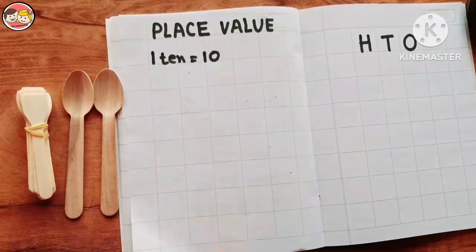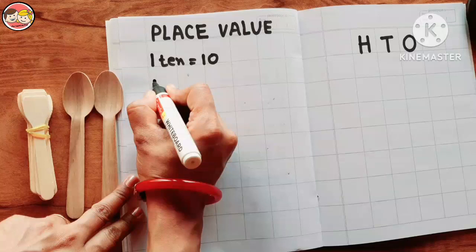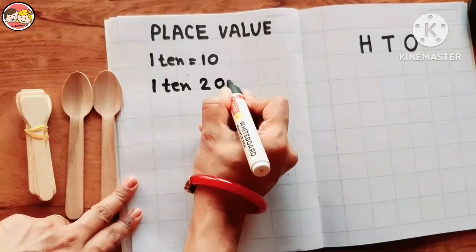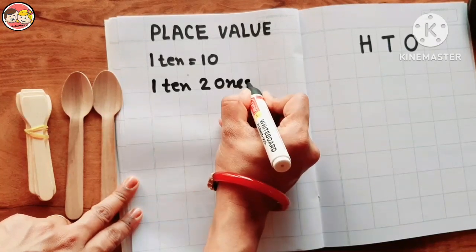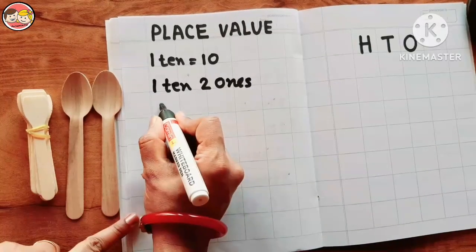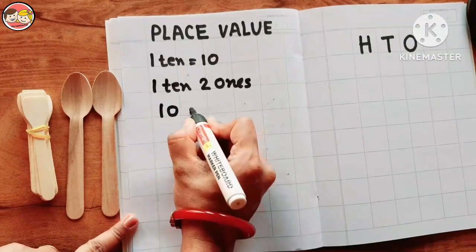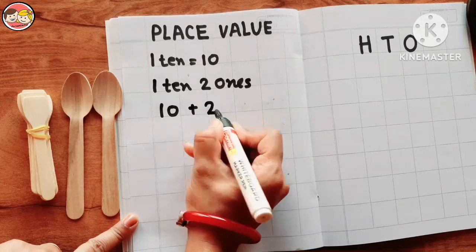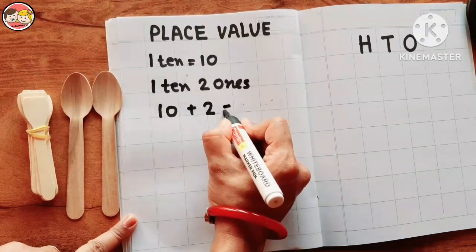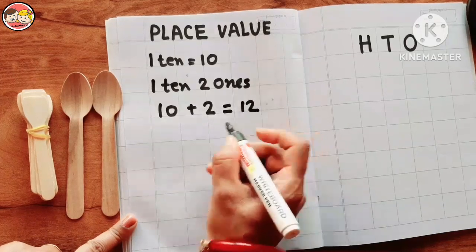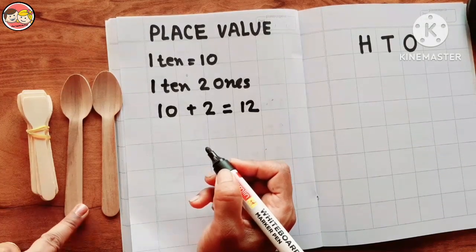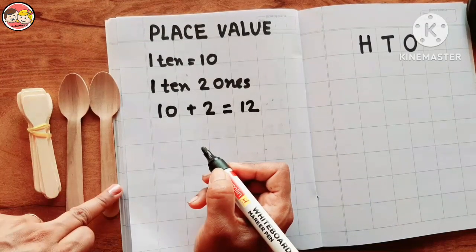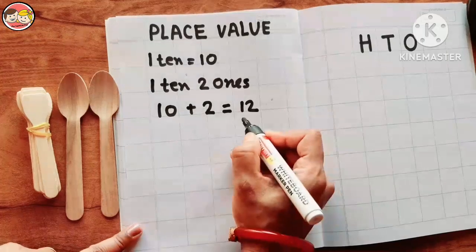Let's write: 1 ten, 2 ones. 1 ten means 10 and 2 ones means 2, means 12. 10, 11, 12. So 1 ten and 2 ones makes number 12.